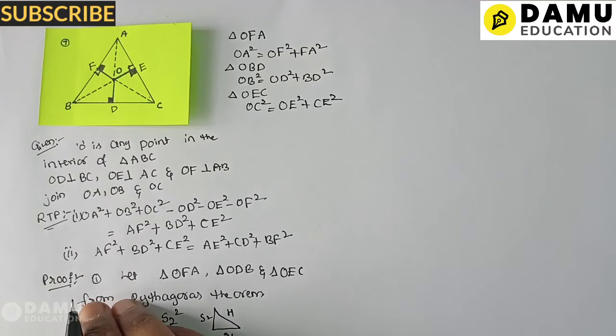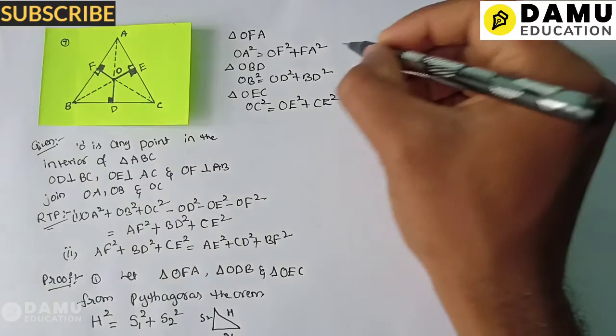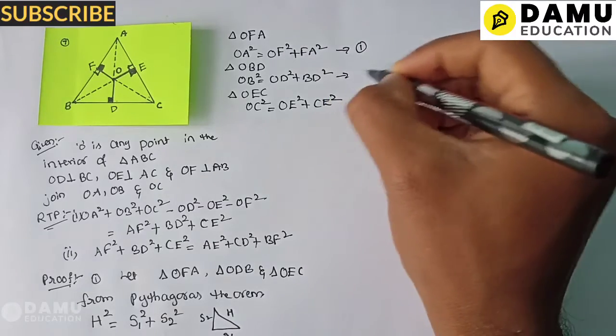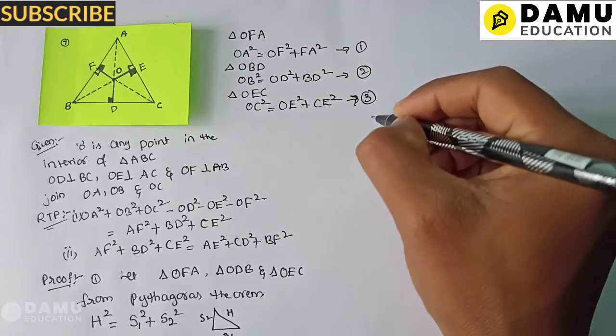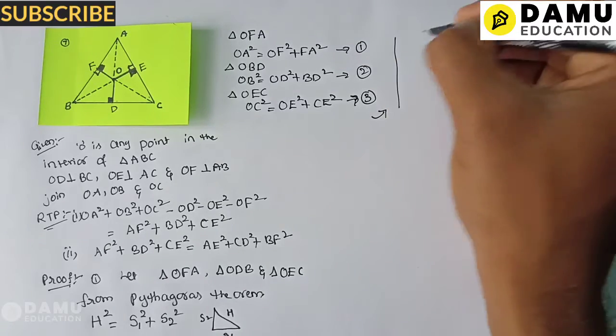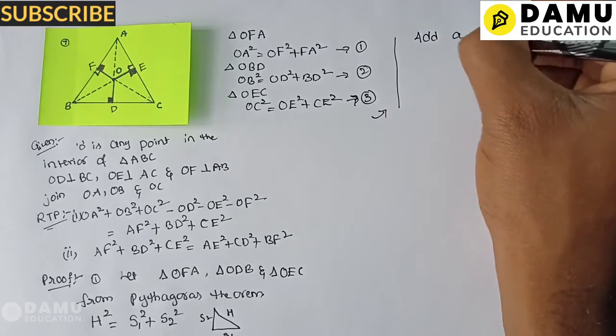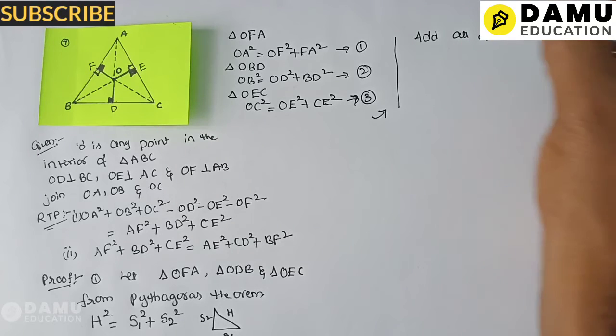So from all these conditions, adding all these equations, left side and right side. Let's take this one, 1, 2, 3. So add all the above equations.